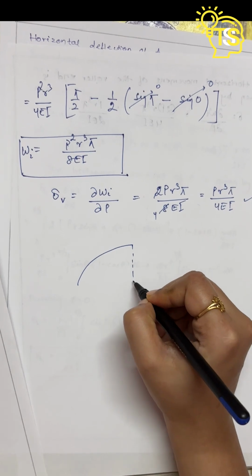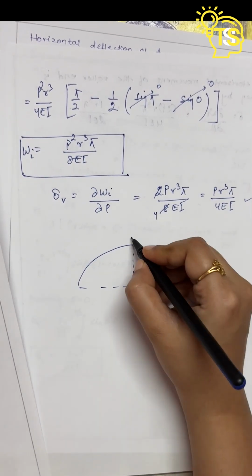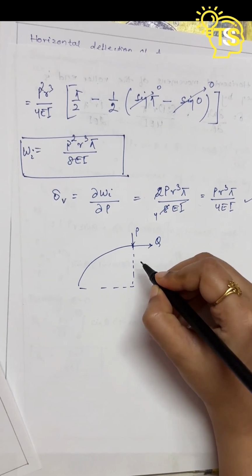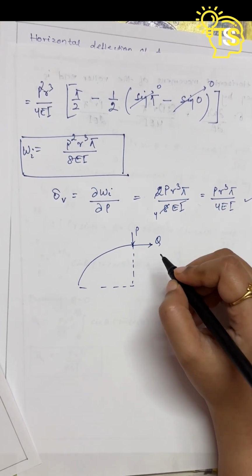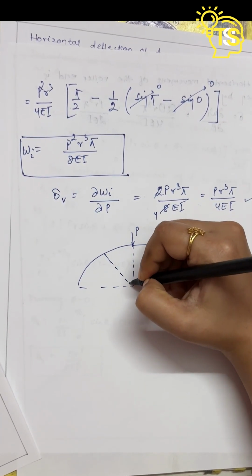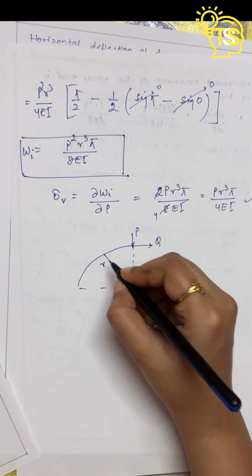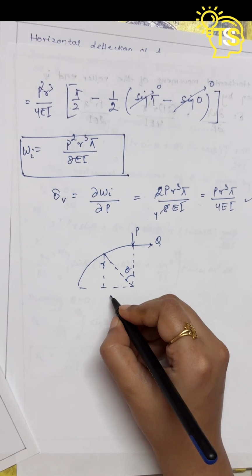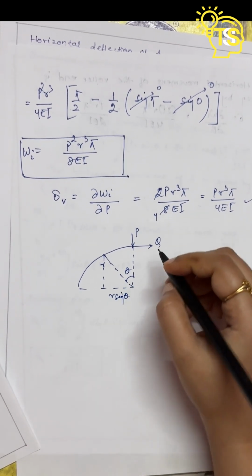This is the ring that is given in the question. We introduce the horizontal force Q on the ring whose value is 0. This is R, this is theta. Until here the value is R sin theta.